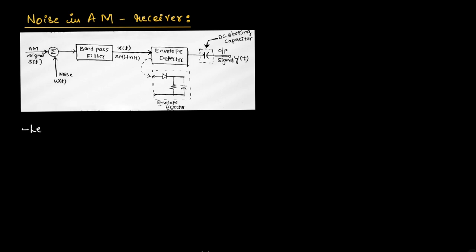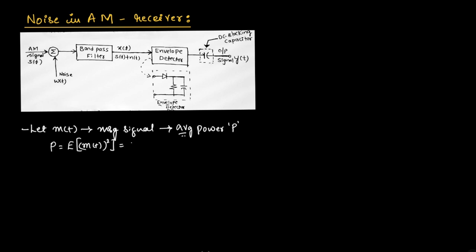Now let us take a message signal. Here we need to find the average power of the message signal. Let me consider the average power of the message signal as P. Then the formula to find the average power of the message signal is E of m(t) the whole square.